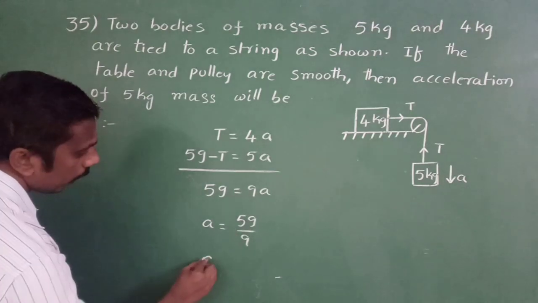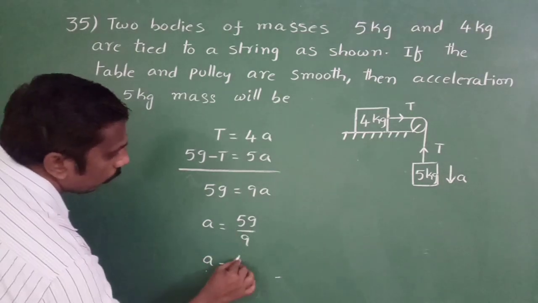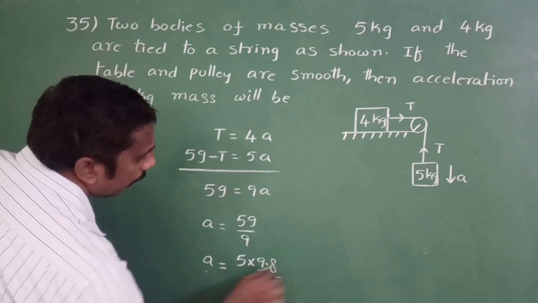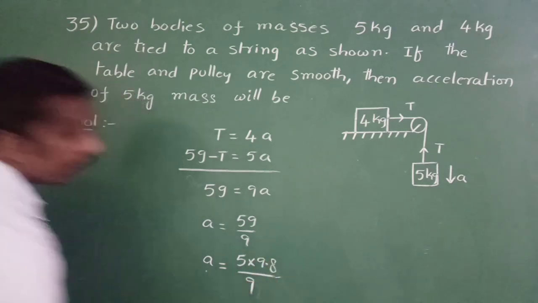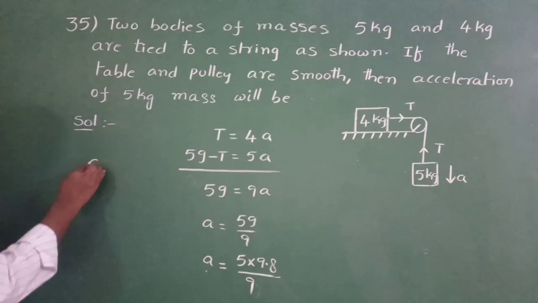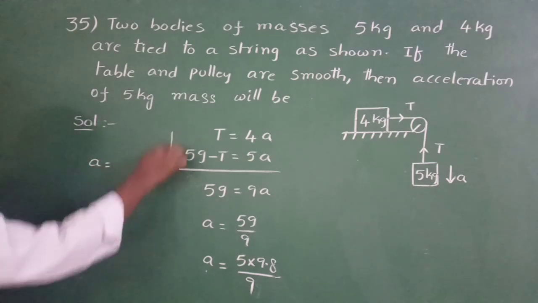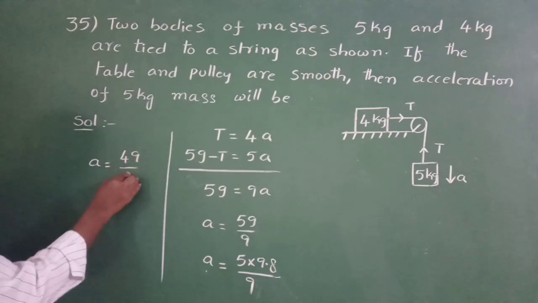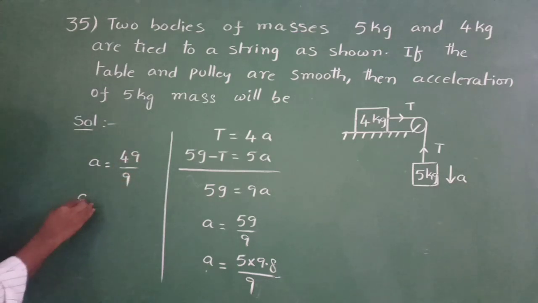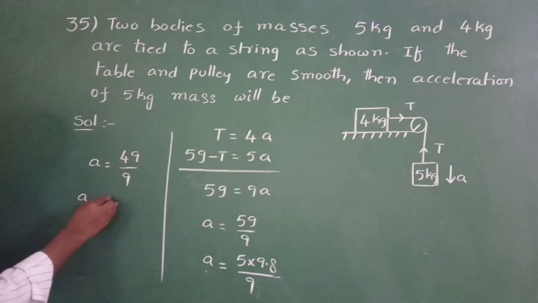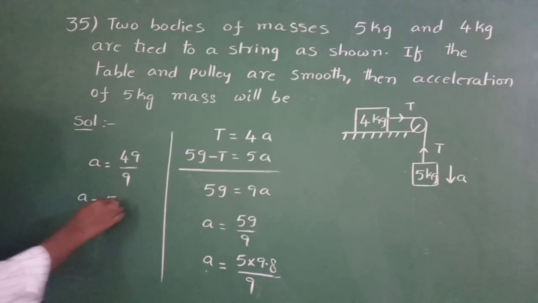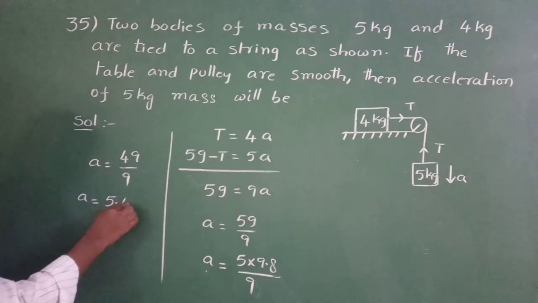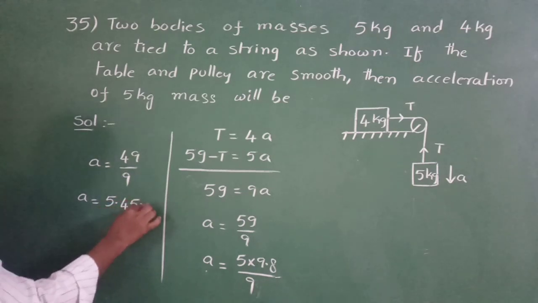Substitute 9.8 here, then we get A is equal to 5 into 9.8 by 9. 9.8 into 5 is 49, divided by 9 we get A is equal to 5.45 meter per second square.